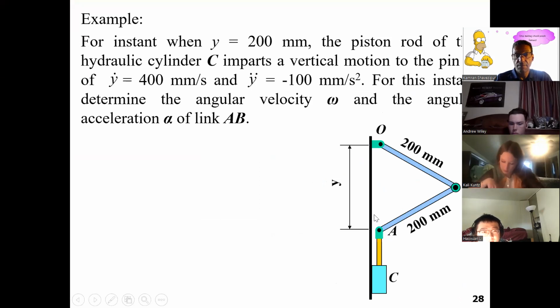This is another example. It says you have a hydraulic cylinder here, a hydraulic jack. It pushes the point A vertically up and down, right? Point A is connected to two rigid bodies, OB and AB. And as you see, OB and AB have the same length.